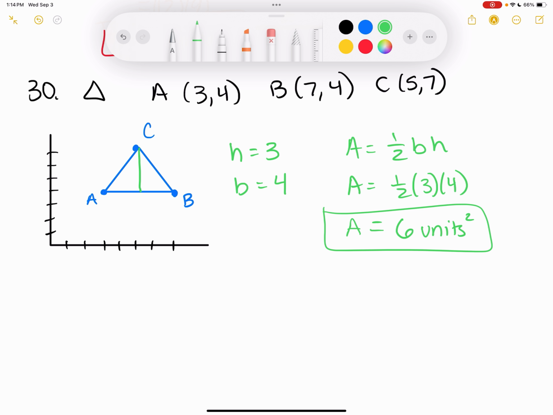one other type of problem here. Use the given measurements to find the unknown measurement. So 44, we're jumping a little bit here. We've got a triangle that has an area of 52 yards squared, and a height of 13 yards.